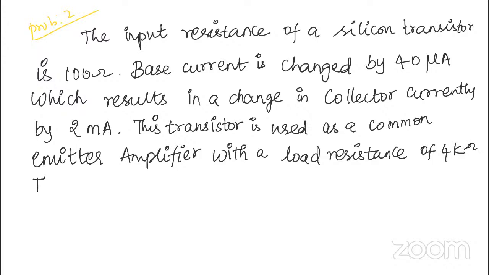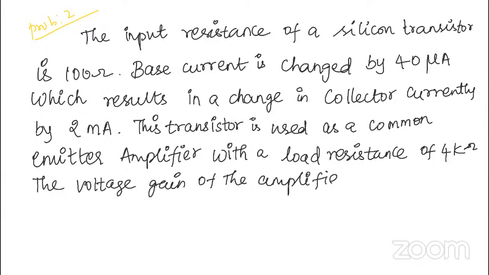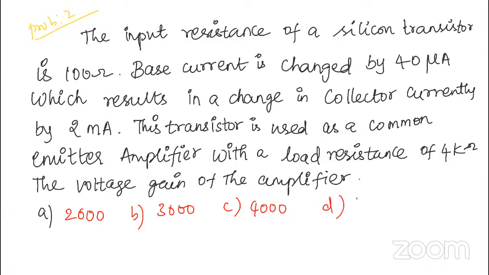Then find out the voltage gain of the amplifier. So here the options are A, it is 2000, B, it is 3000, C, it is 4000, and D, it is 1000.